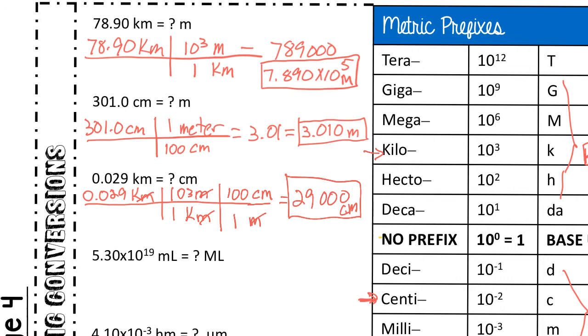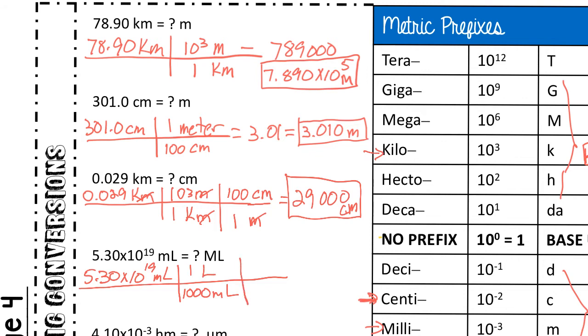And the next one, 5.30 times 10 to the 19, that's a huge number, milliliters, to megaliters. So milliliters on the top, I'm going to need milliliters on the bottom. Milli is right here. So I'm going to need 1,000 or 10 to the third milliliters in 1 liter.